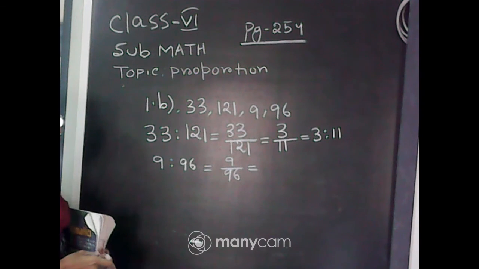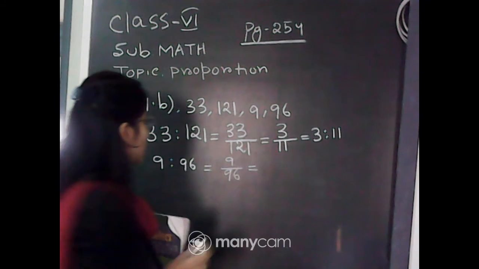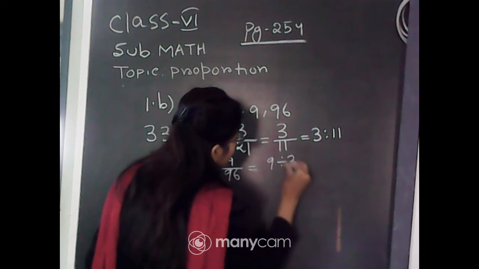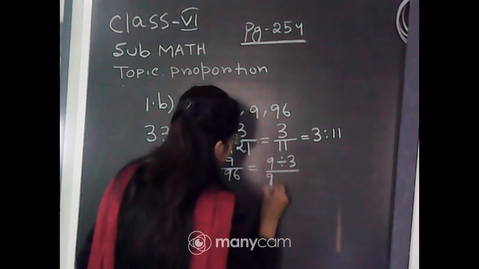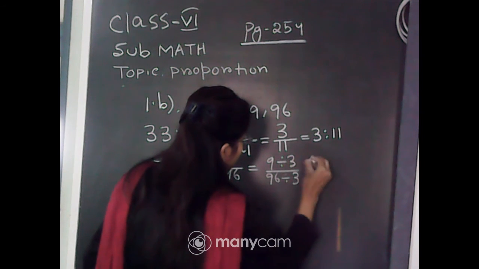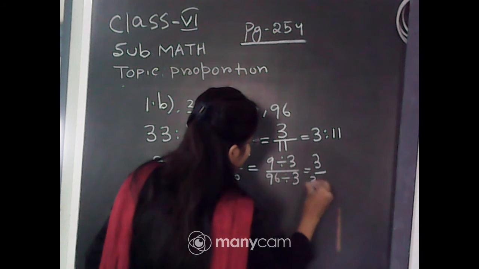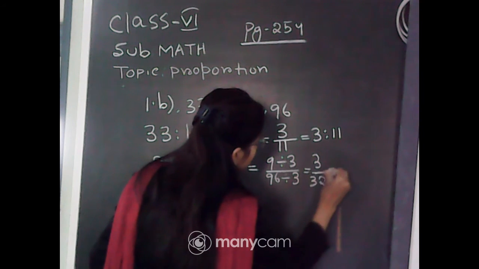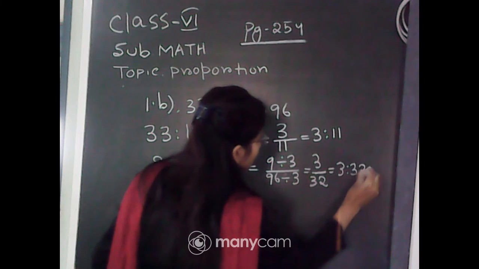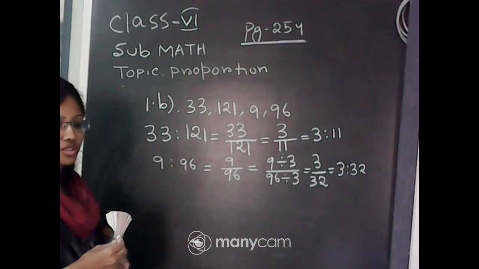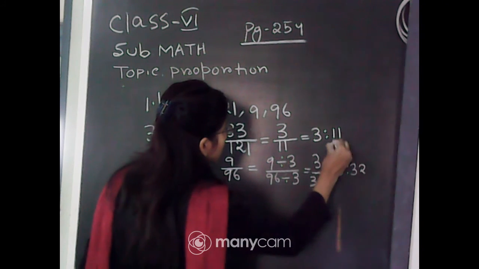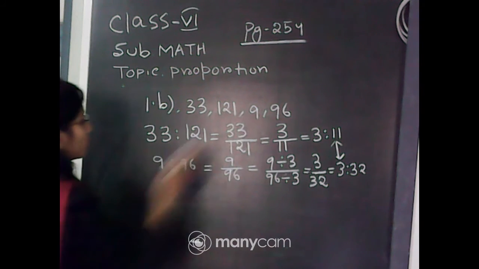Now, HCF of 9 and 96 is 3. Therefore, we divide both the numerator and the denominator by 3, and we get 3:32.